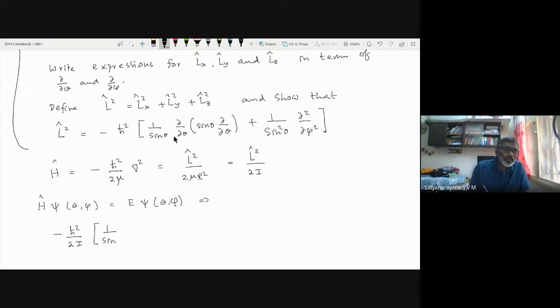I don't have R square, since R square is in this I now. Into 1 by sine theta dou by dou theta of sine theta dou by dou theta plus 1 by sine square theta into dou square by dou phi square, acting on psi of theta comma phi, is equal to E psi of theta comma phi.